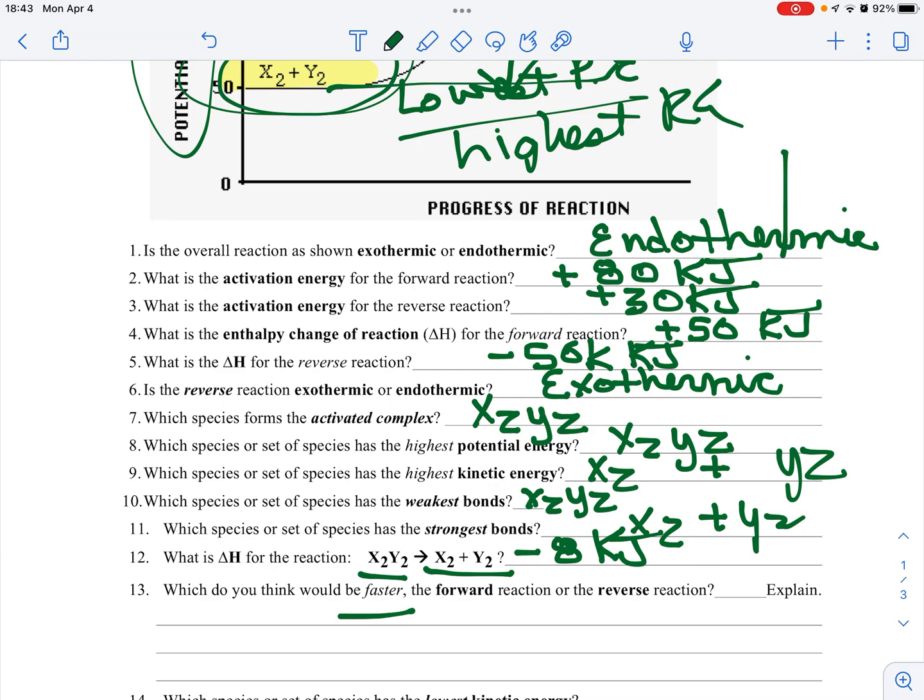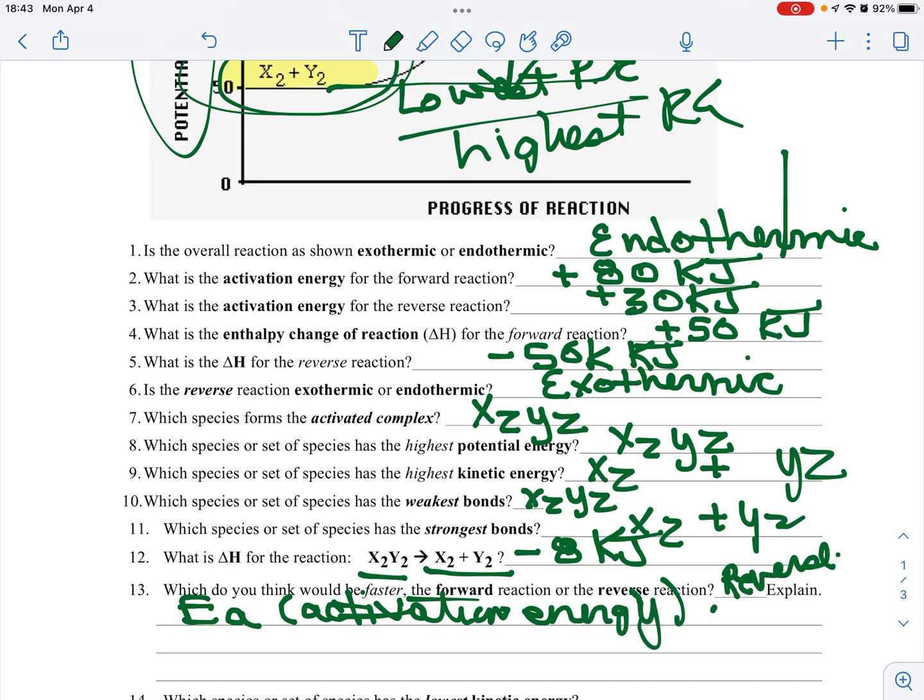I think my reverse reaction would be faster because its activation energy is much smaller, which results in a faster reaction.